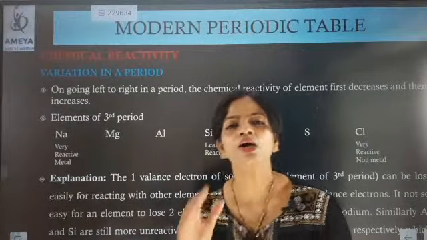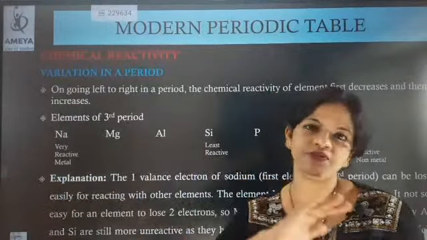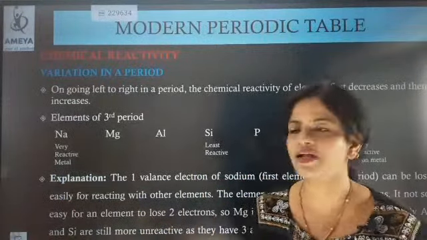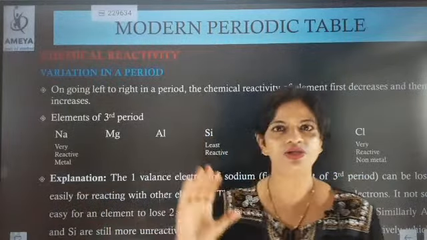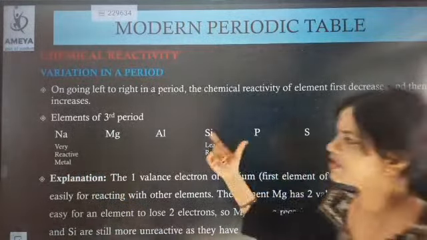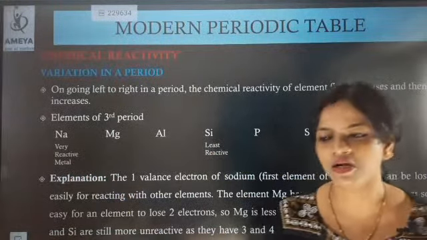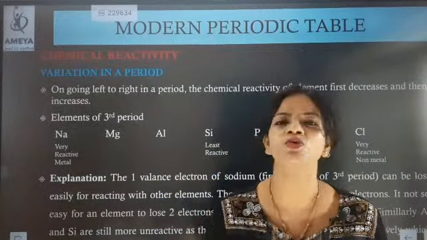So that means, the selection of the third period, I think I told you why I selected it, so that at the time of writing your analyzing power will be reflected very clearly. Second thing is that everyone knows sodium, chlorine and silicon, so the person who will be correcting your paper will be quite sure about them. That's why I selected the third period to represent reactivity, because it will give clarity about the concept.